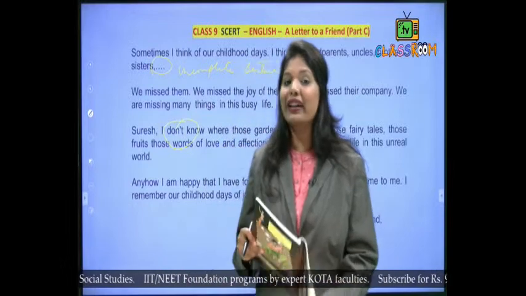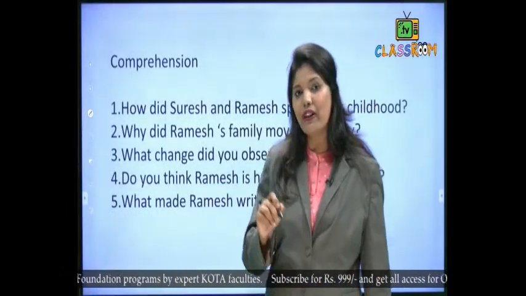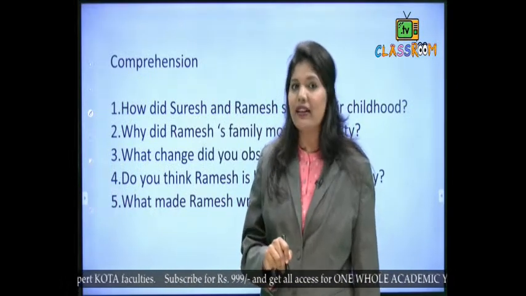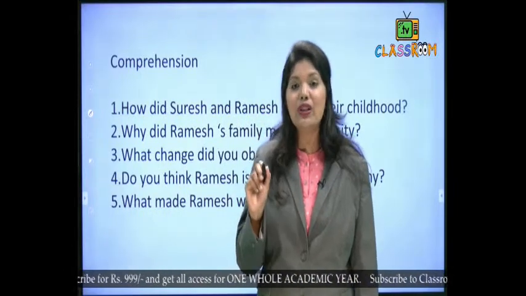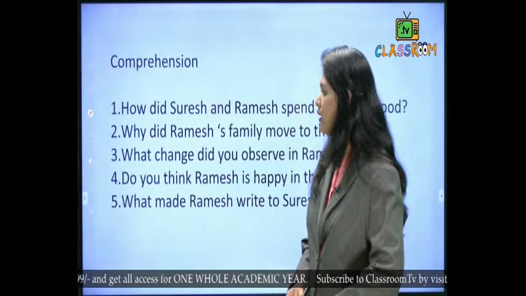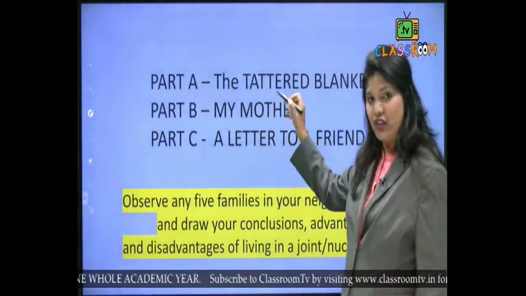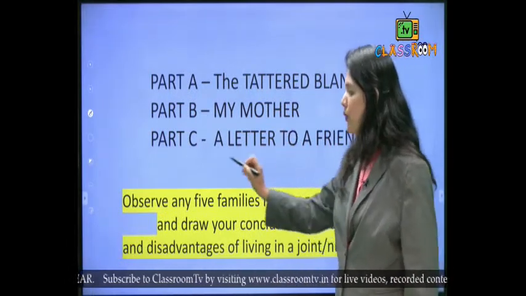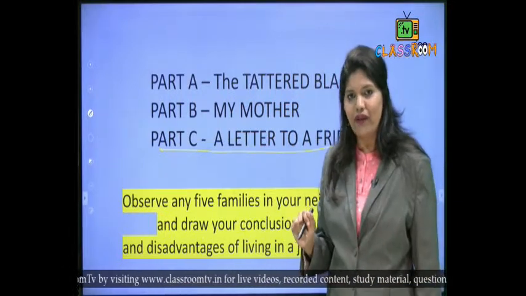Now, let's go ahead and look at the comprehension questions. Please remember that this particular lesson belongs to part C of your unit 1. Under unit 1, we had The Tattered Blanket, which we already finished, then My Mother Completed, and now we have looked at part C, A Letter to a Friend.